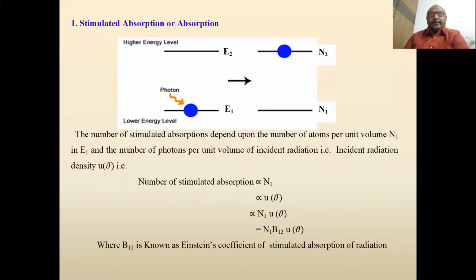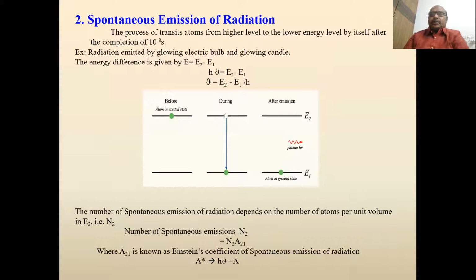By the statement of absorption, an atom in the ground level absorbs a photon of energy h nu and gets excited from the ground level to the excited state. That process is called absorption. Spontaneous emission: if an atom is in the excited level, it returns to the ground level after about 10⁻⁸ seconds, moving from the higher level to the lower level, releasing a single photon of energy.